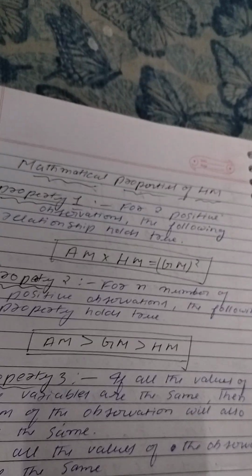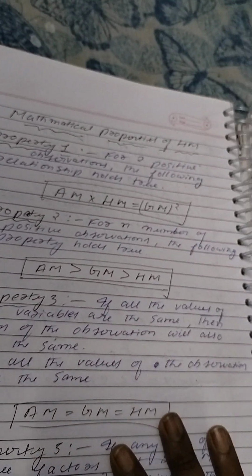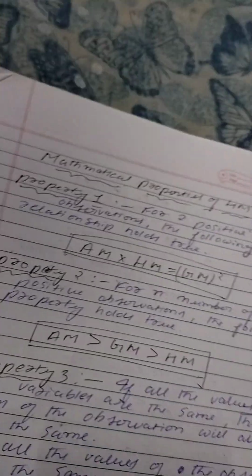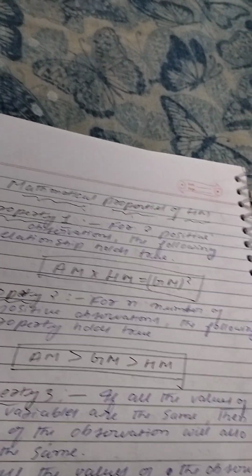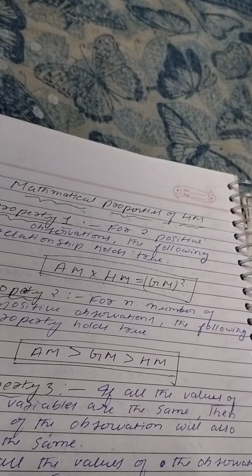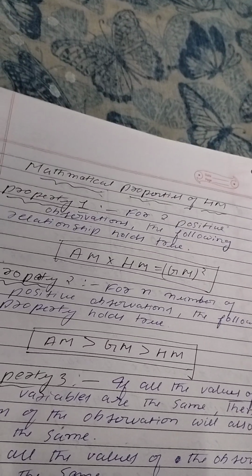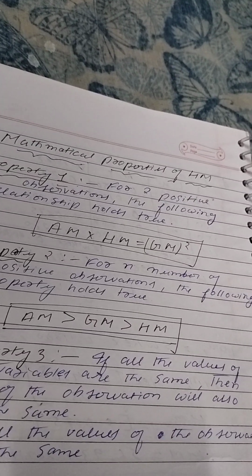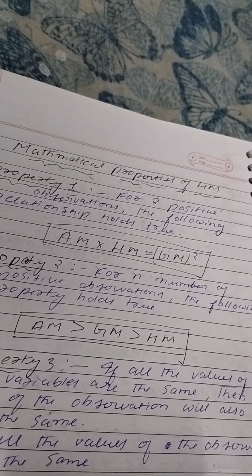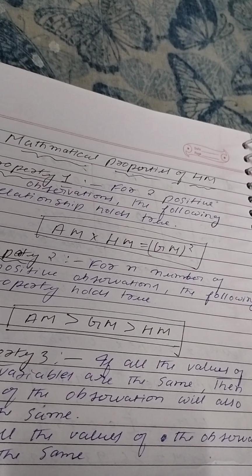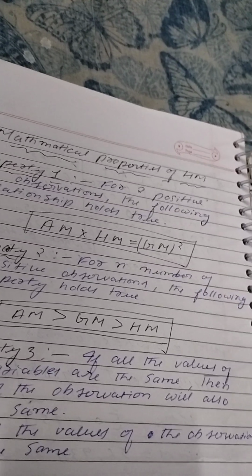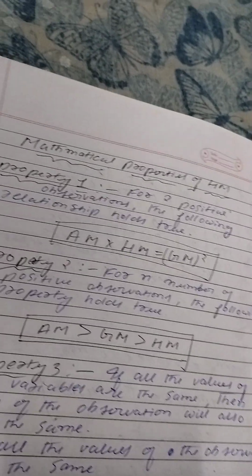Here we go. First is property 1. For two positive observations, the following relationship holds true: AM multiplied by HM is equal to the square of GM. Okay, so this is a relation between the types of mean.